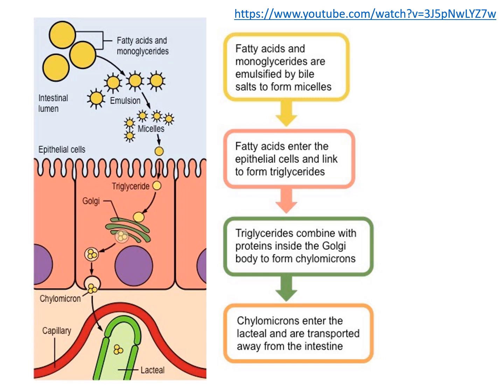And so these are those bigger triglycerides that cannot go through the portal system, through the capillary. So they have to go through the lacteal, which is part of the lymphatic system.